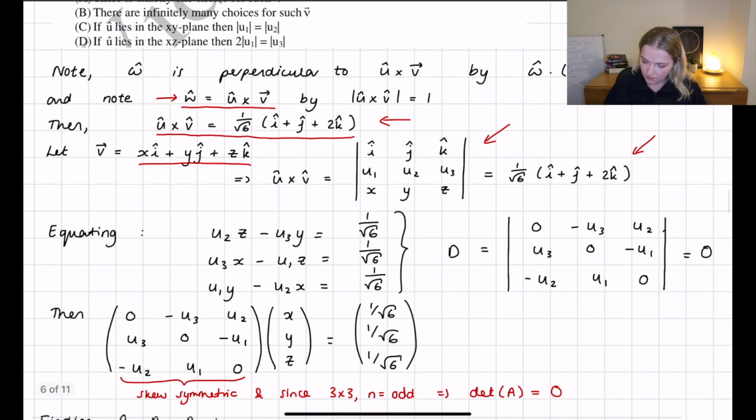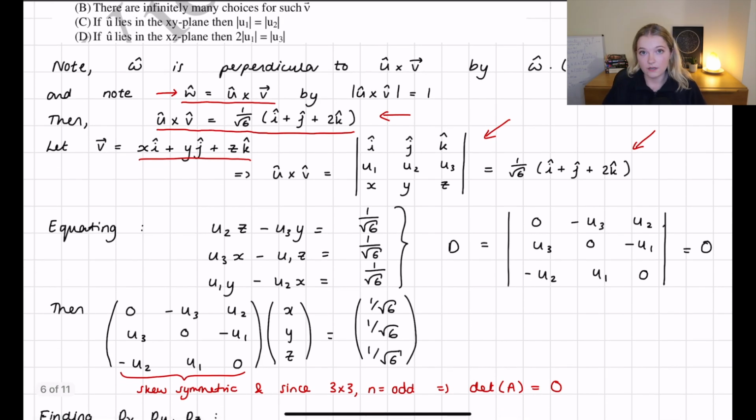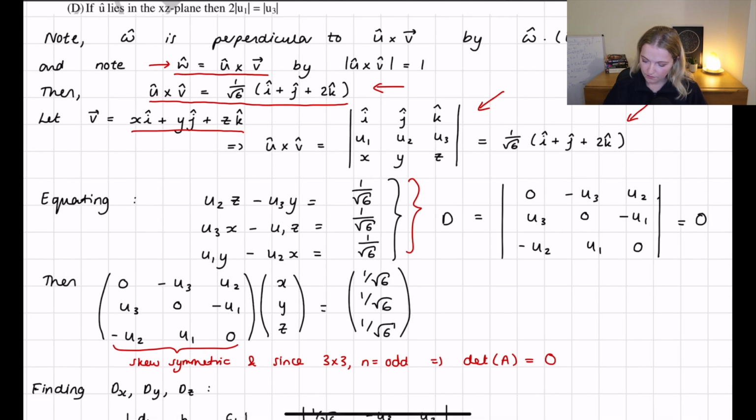Then we just do the cross product for the general terms, and we arrive at this system of equations here. Now, from this system of equations, we can deduce that the determinant equals 0. The reason for that is we can write this system of equations in this format, and when we do that, what we know is the matrix is skew symmetric, and because it's a 3 by 3 matrix, that means it's odd, and from that the determinant must equal 0.